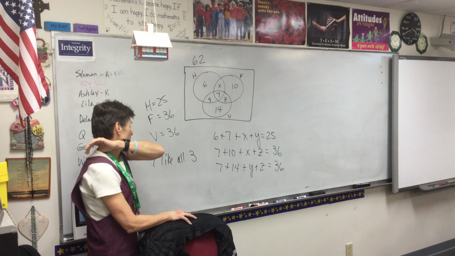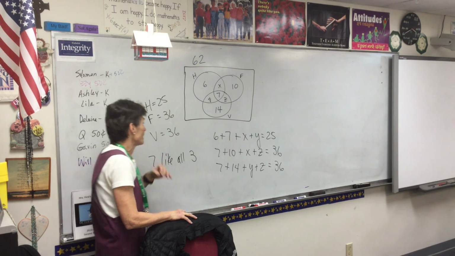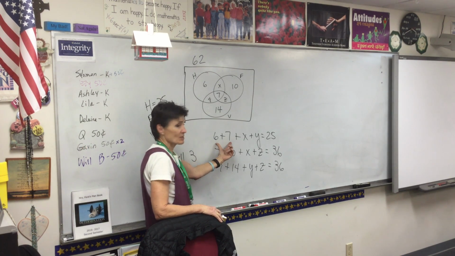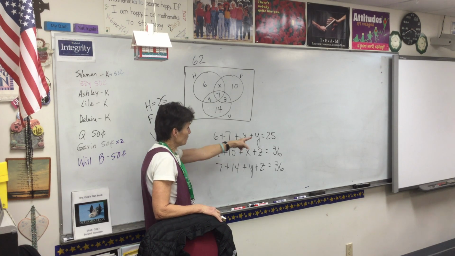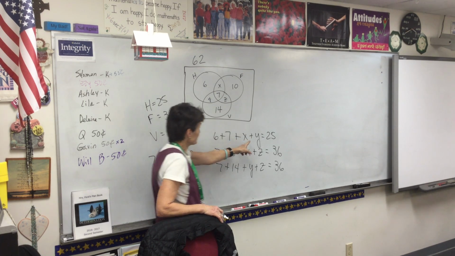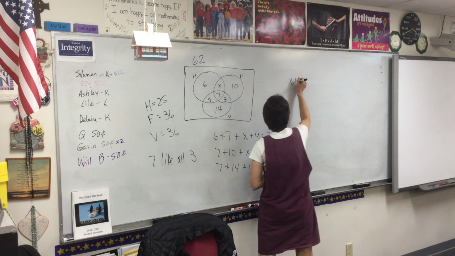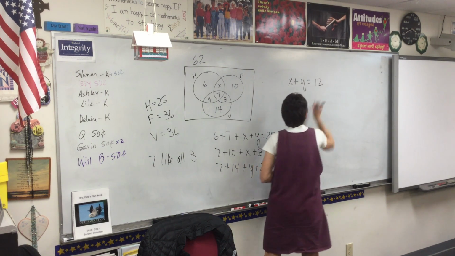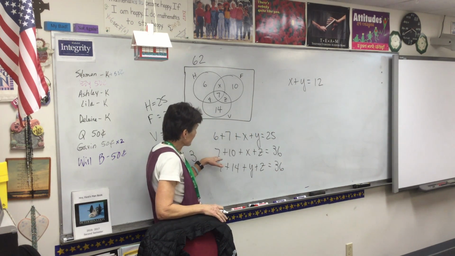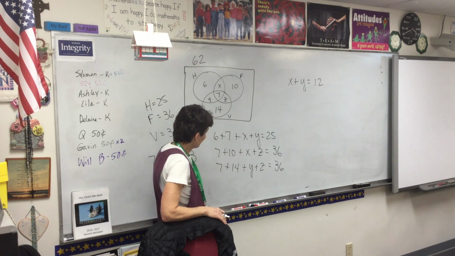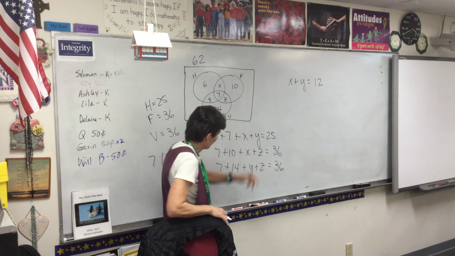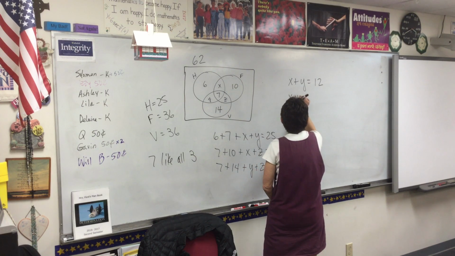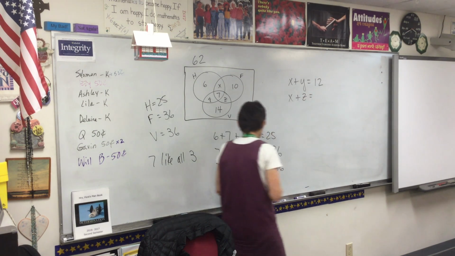Before we combine, let's clean up these equations. So 6 and 7 is 13. So I'm going to move that to the other side. So it's going to say X plus Y equals 12. And then the same thing here, this one's going to say X plus Z equals what?